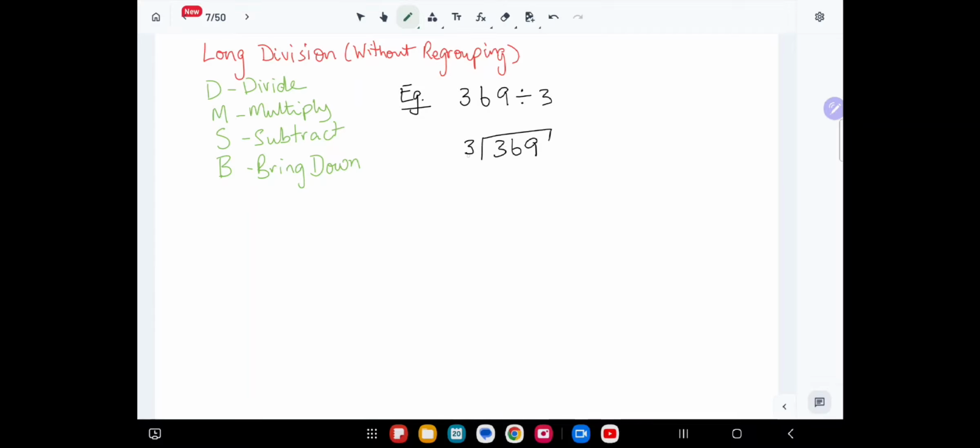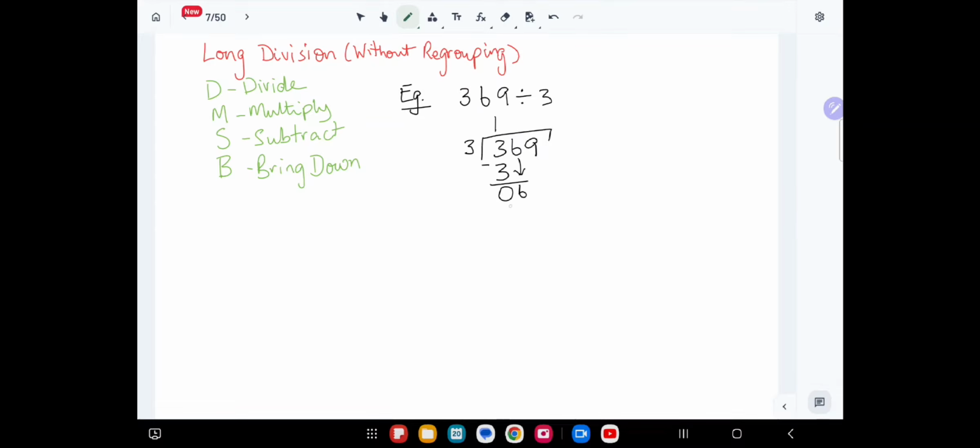Step 1 states to divide, so we've taken 3 and dividing it into each individual digit here in the dividend. So we say 3 could go into 3 one time. Next step is to multiply, so we say 1 multiplied by 3 is 3. Next step is to subtract. 3 take away 3 is 0. And the next step is to bring down the next digit, which is 6.